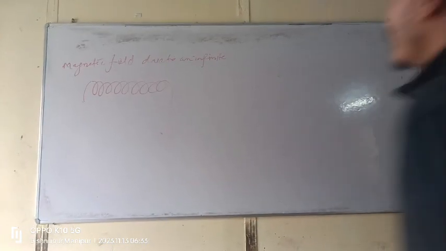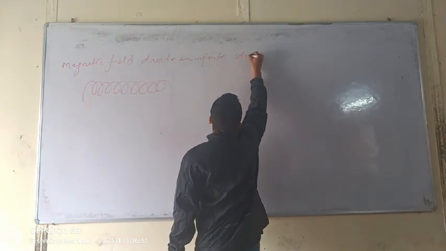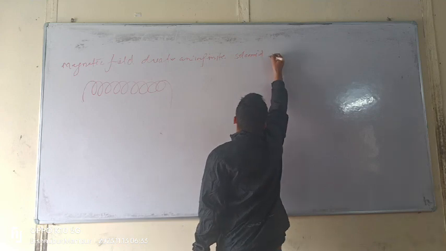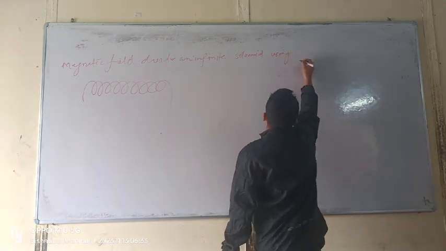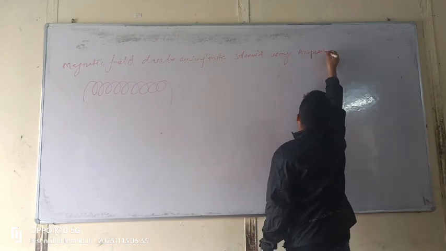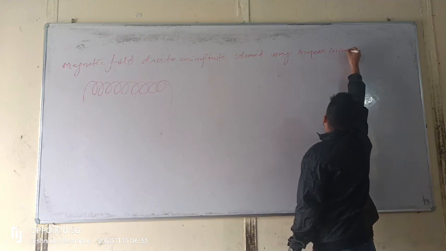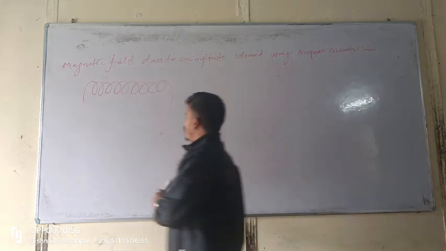Magnetic field due to an infinite solenoid using Ampere's circuital law. Okay, I'm doing it.